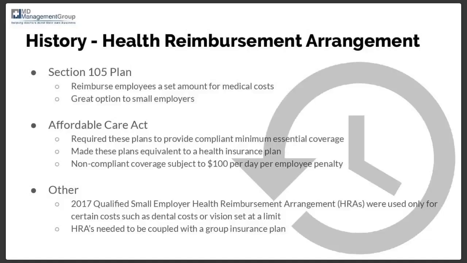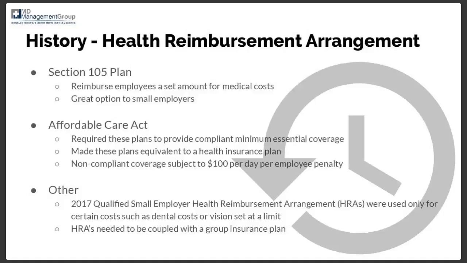Now, later on, I think it was in 2017, they came out with a qualified small employer health reimbursement arrangement, which basically said you could have a medical reimbursement plan, but only for certain benefits, such as dental or vision.